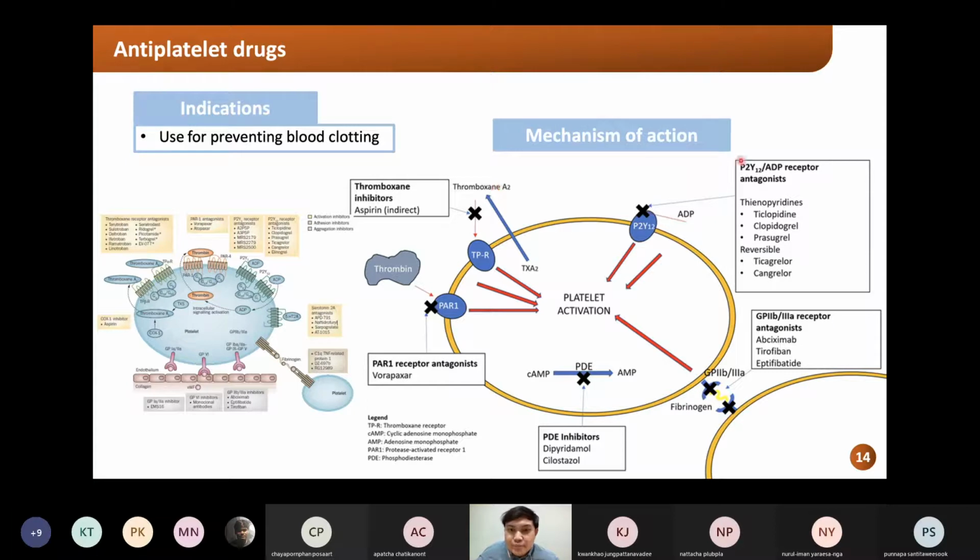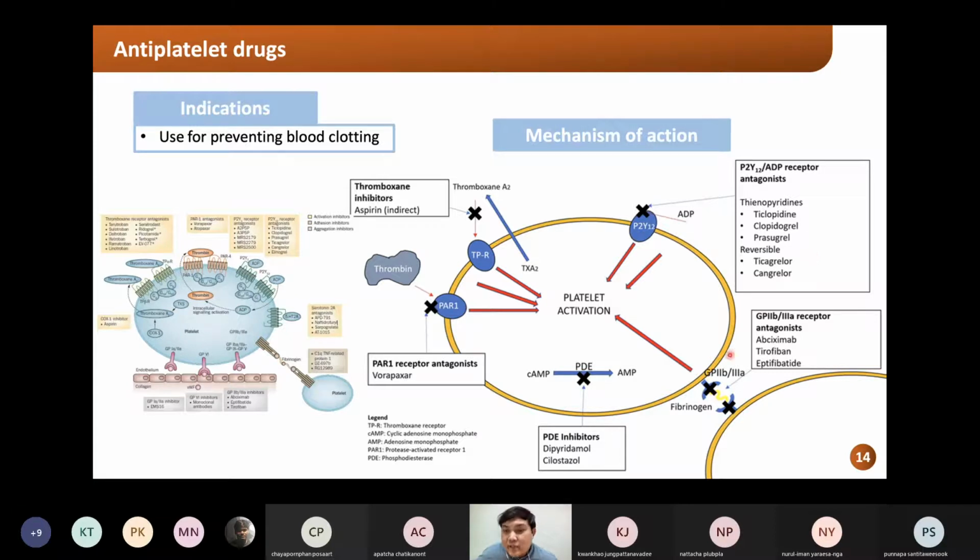For example, some inhibit thromboxane A2, like aspirin, which has an indirect effect on platelet activation, or some inhibit the P2Y12 ADP receptor, and eventually inhibit platelet aggregation as well. For example, clopidogrel or prasugrel. You might be familiar with these names.